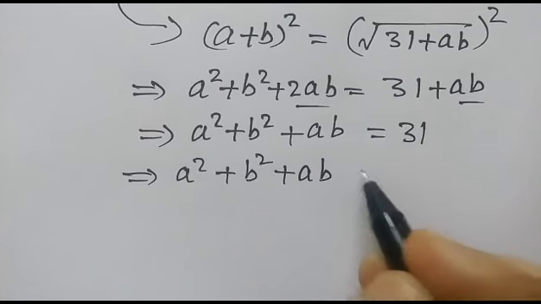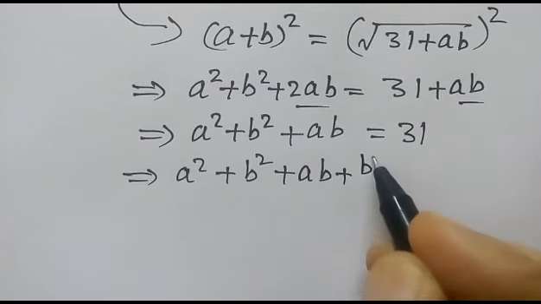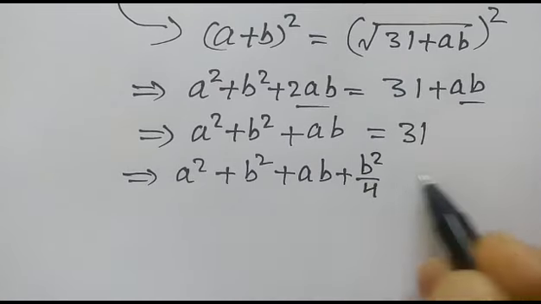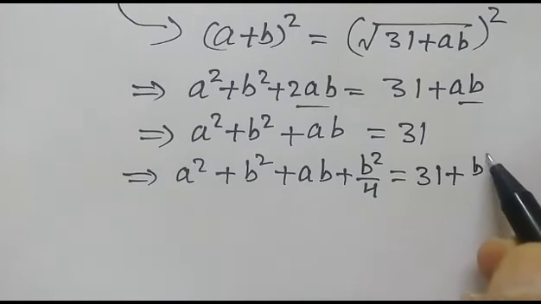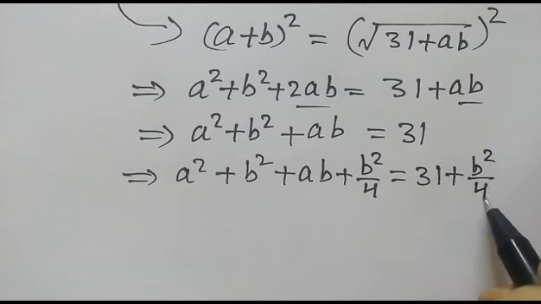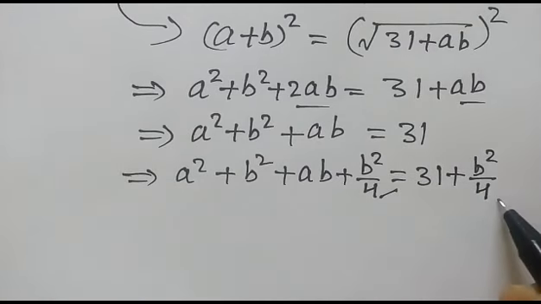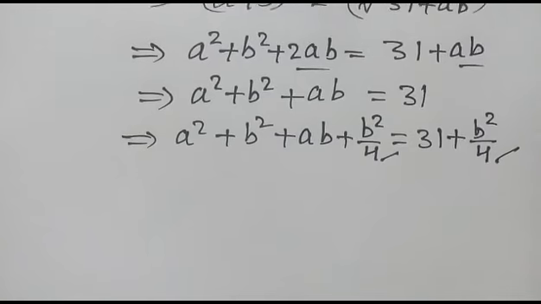If we add b square over 4 on both sides, we get 31 plus b square over 4, right?